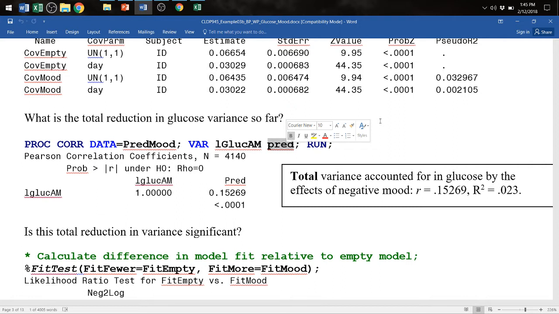If you square that, you get R square, which is 0.023. So that's my total R square. How much of the variation in glucose was captured by effects of mood? 2%. More specifically, we got 3.3% of the random intercept variance and 0.2% of the residual variance.